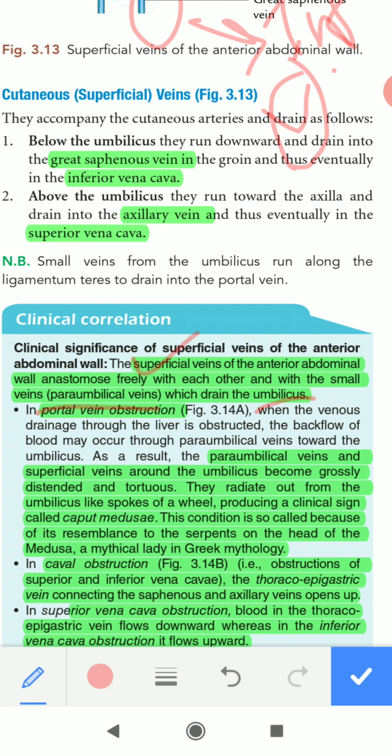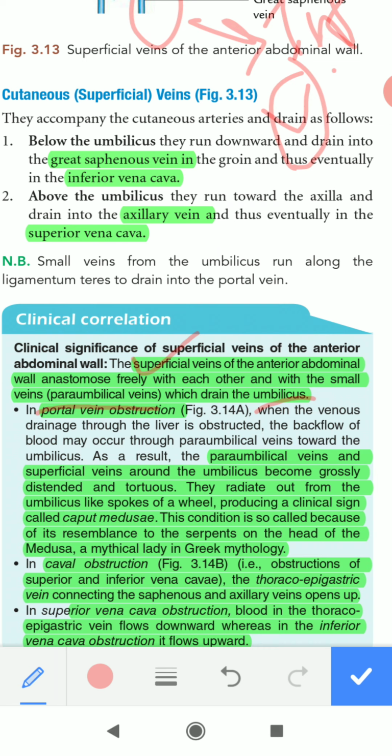We know the umbilicus is a site of portocaval anastomosis. That means the site of anastomosis between the portal vein and the caval system, superior vena cava or inferior vena cava.